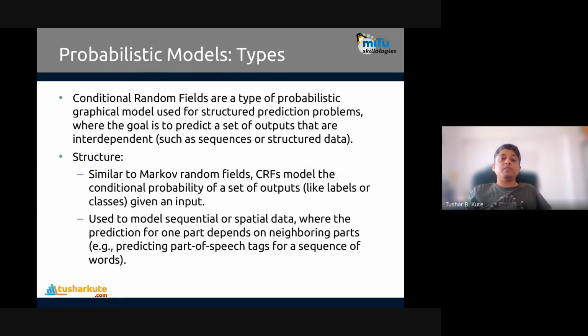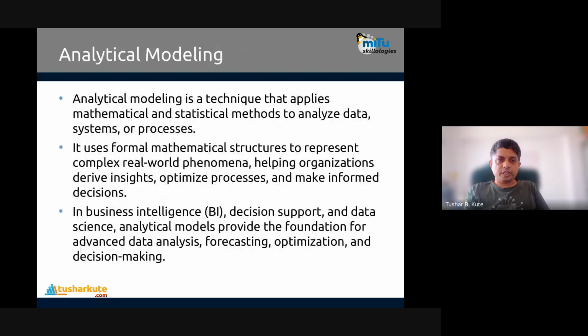Then we have CRF, conditional random fields, used for structured prediction problems where the goal is to predict a set of outputs which are interdependent. These are all part of machine learning algorithms where we perform predictions accordingly.